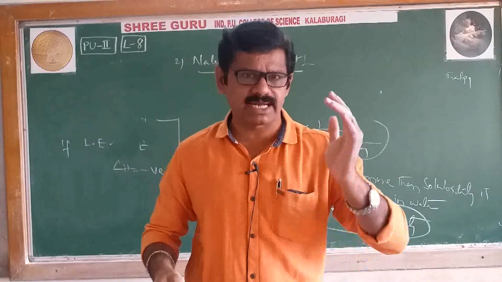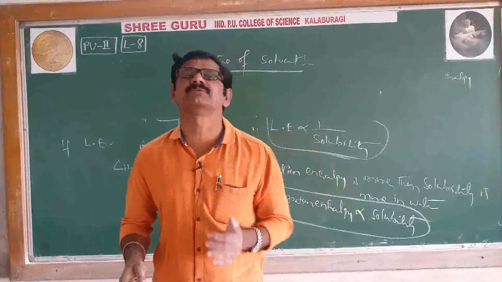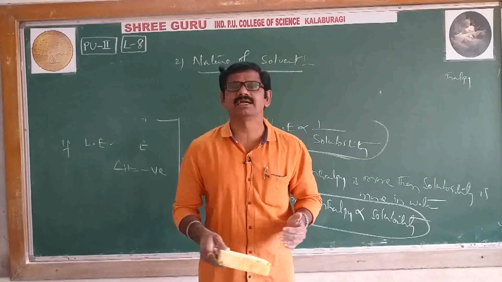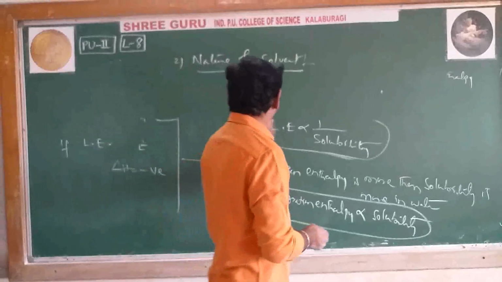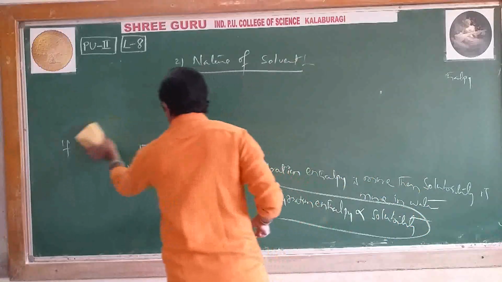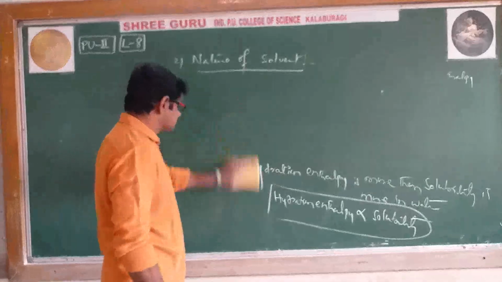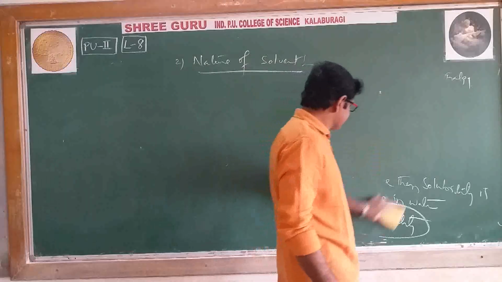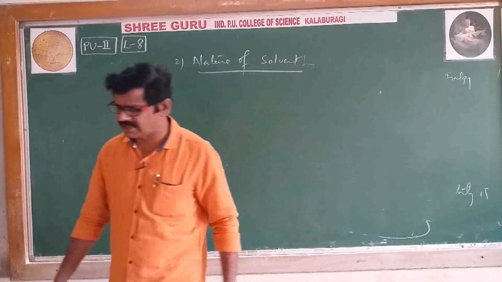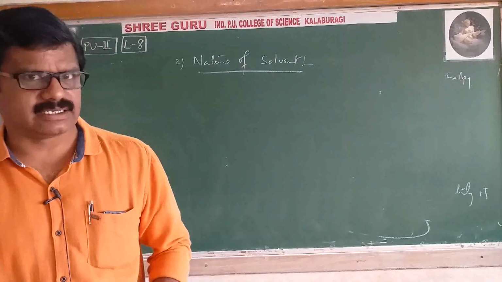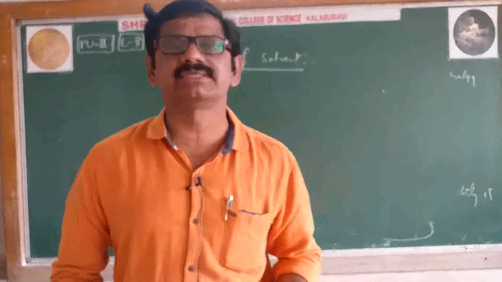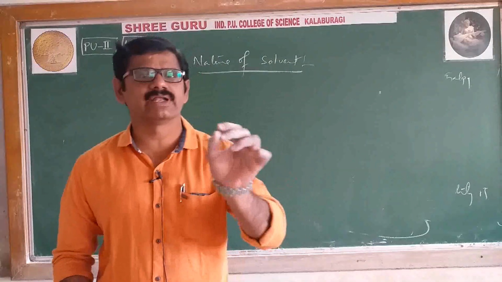For that purpose, what are the favorable conditions and what are the unfavorable conditions, all those points we are discussing now. How will the solvent influence the solubility of a given ionic solid?